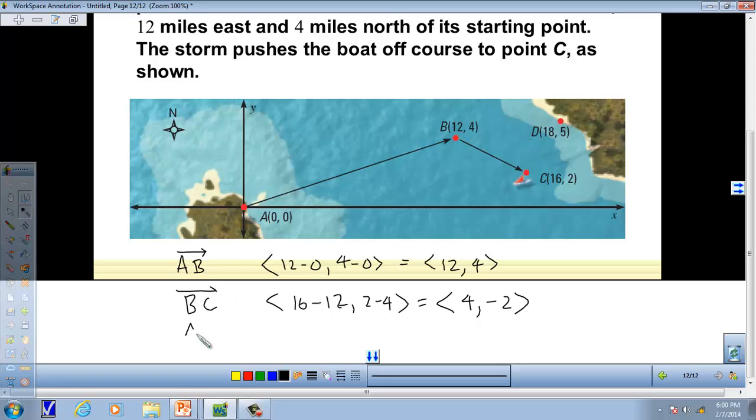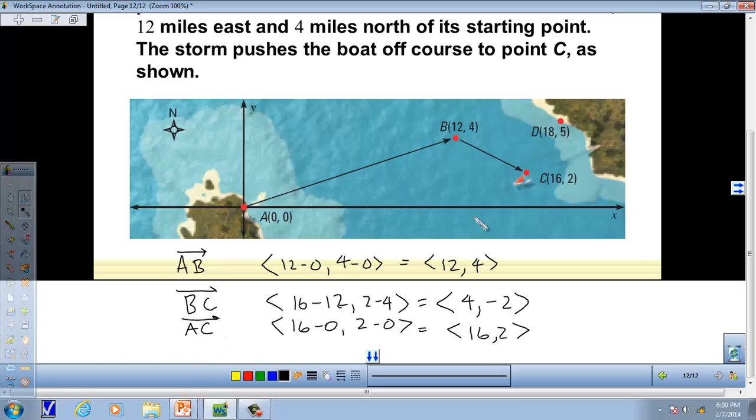They also want us to find vector AC, which is starting here and going all the way up to there. Hopefully you can see that one's pretty easy. It's 16 minus 0 and 2 minus 0. If we do that, the component form is 16, 2. And in the last part of this, I'm just going to go through all of these.